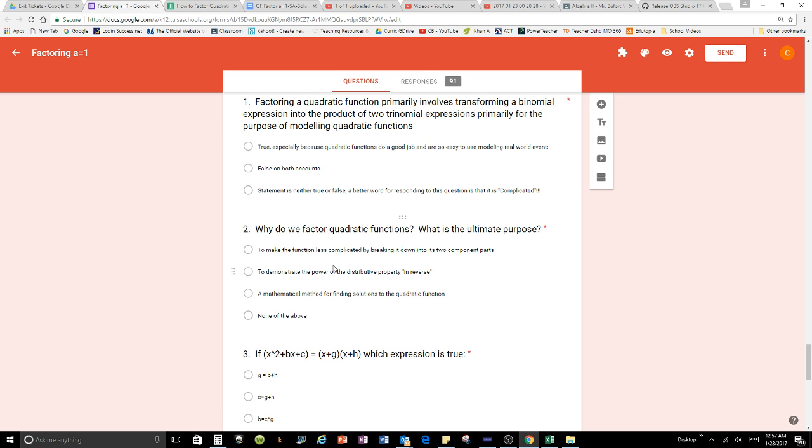We could have just solved for it directly using factoring. And so that's the ultimate purpose of factoring, is to be able to directly solve a quadratic function and find the value directly, instead of having to do it by trial and error.